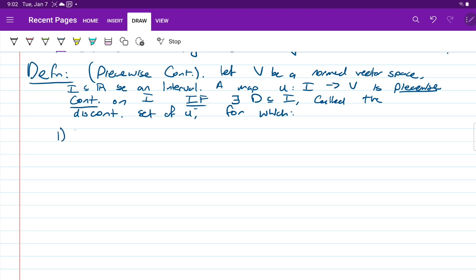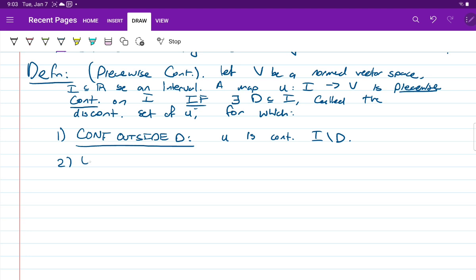First, the property that we'll enforce is continuity outside D. So u is continuous on the domain I minus D. This is consistent with the name of the discontinuity set. It makes sense that our function should be continuous away from the points at which it's discontinuous. Second, we have left and right limits.